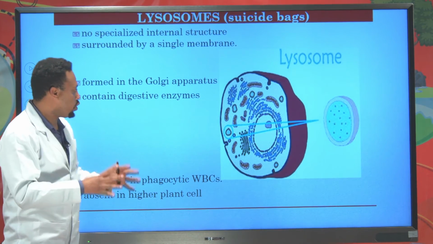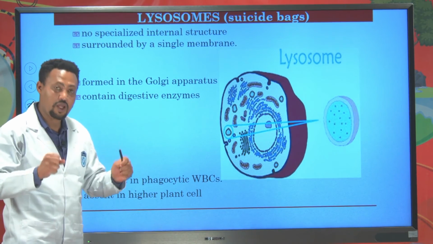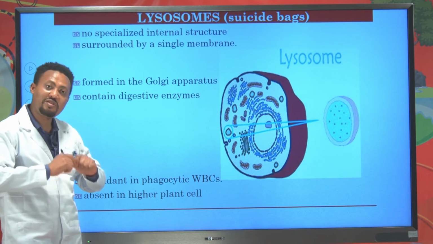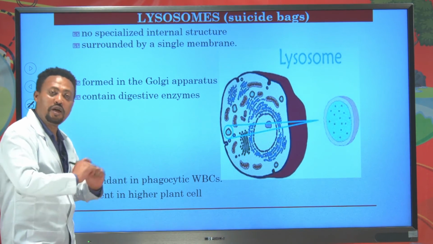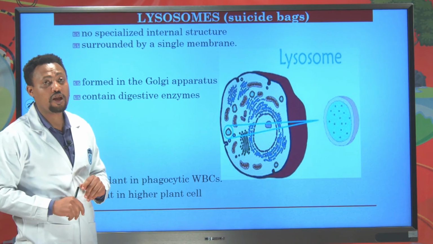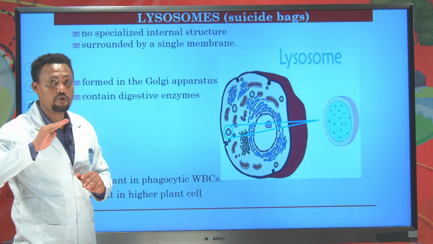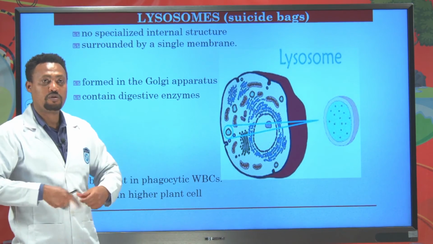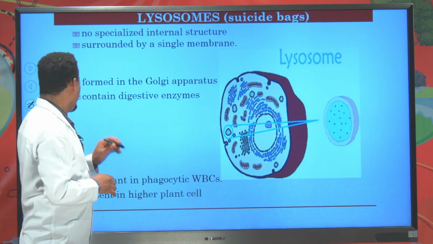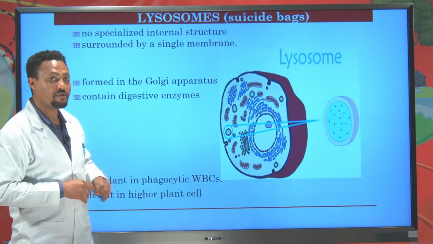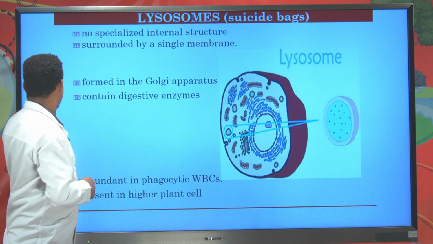They are used to break down cellular debris and waste materials, so that these wastes become simpler and can be removed out of the cell. Especially the white blood cells carry a lot of lysosomes to kill bacteria, break them down, and remove them out of our body. Okay? And lysosomes are formed in Golgi bodies.